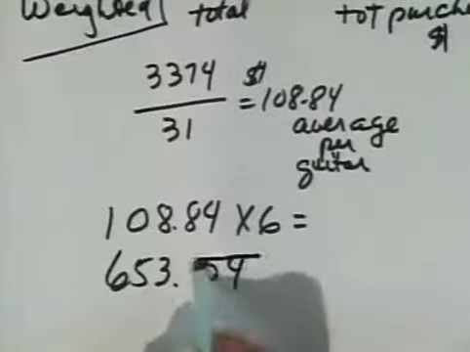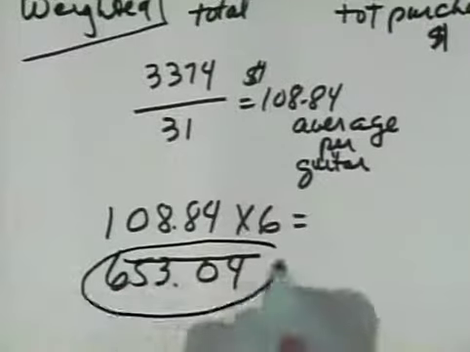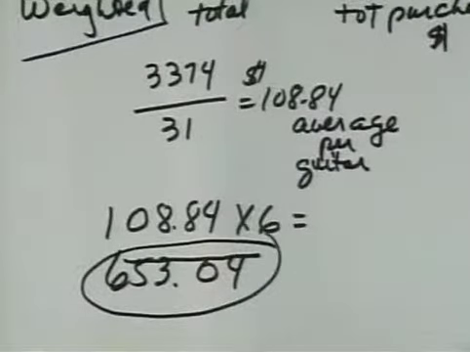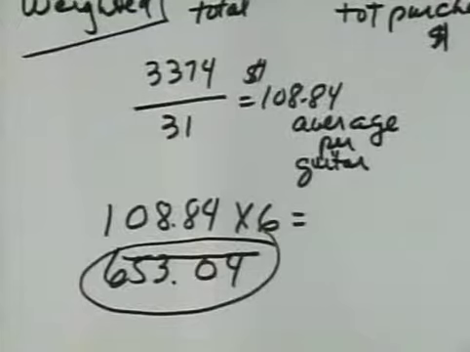That looks about right to me. Is that okay? $653.04, weighted average.